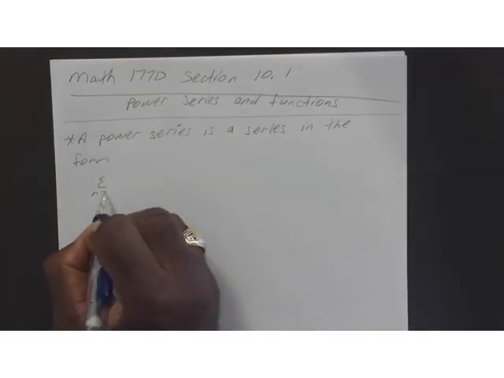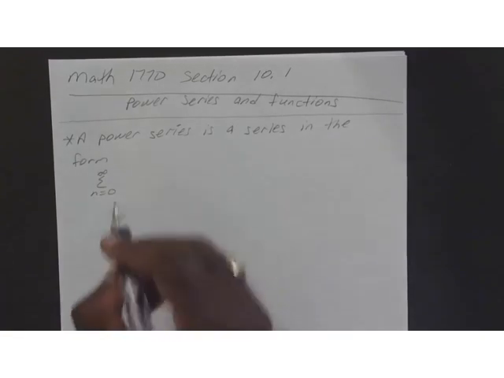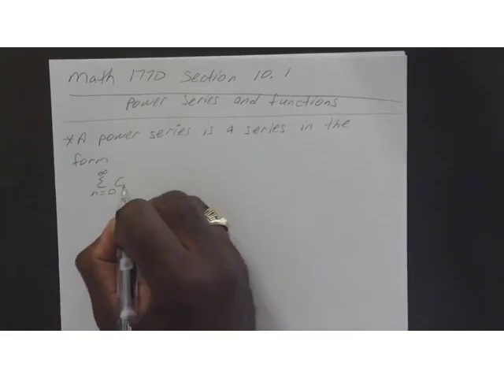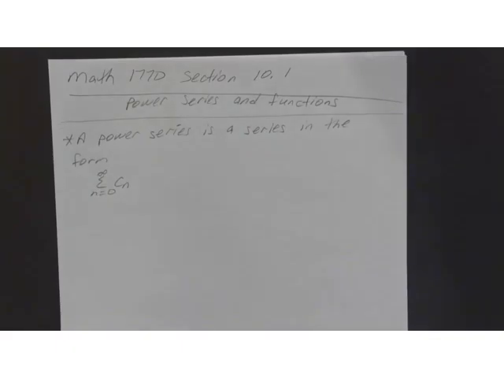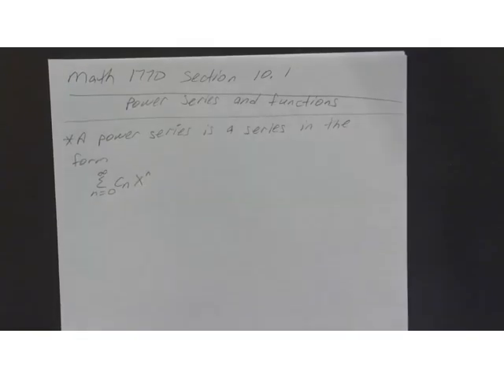you have the sum from n equals 0 to infinity of some coefficient we'll call c sub n times x to the power of n.